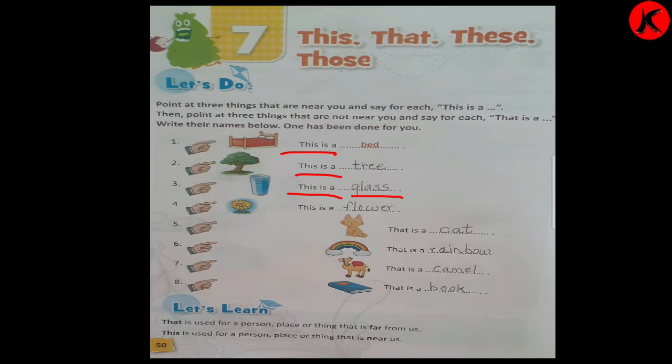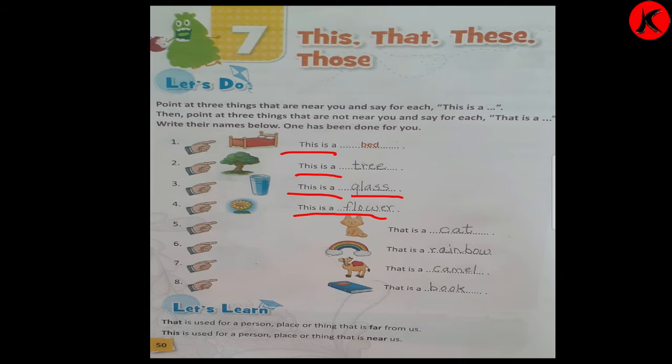This is a flower. So again we will say this is a bed. This is a tree. This is a glass. This is a flower.